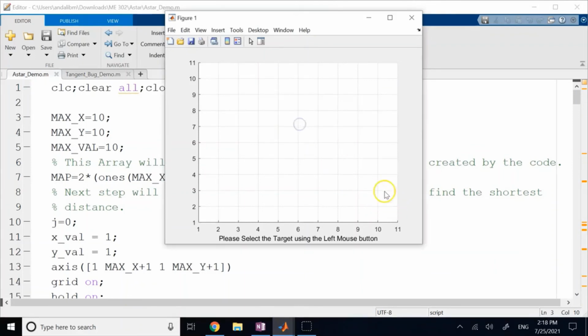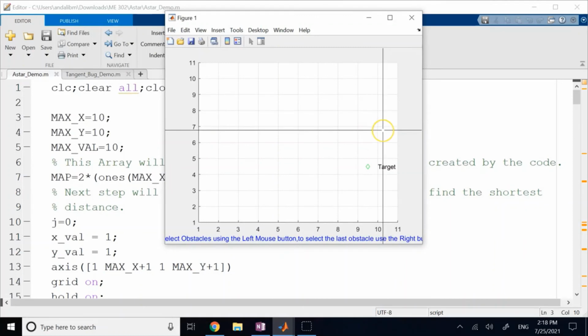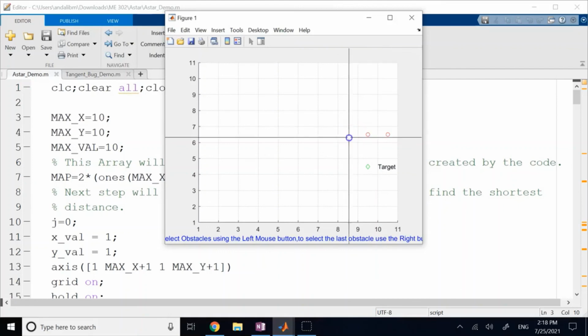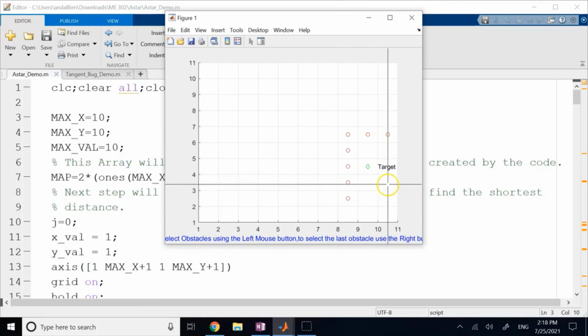So here is my goal, maybe. And then let's see, my obstacles are here, here, here, here.